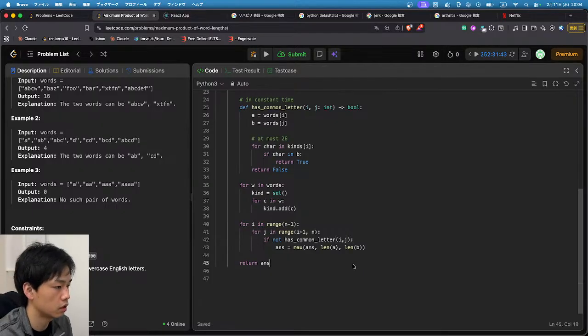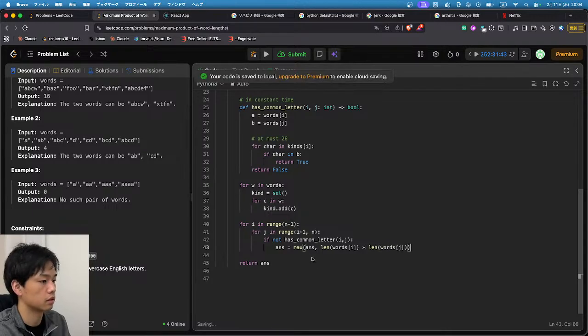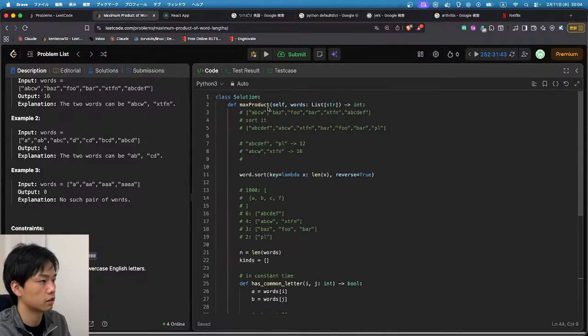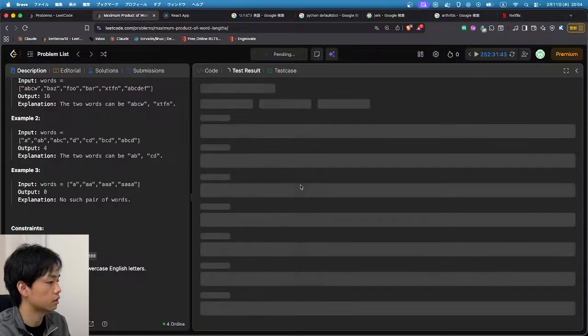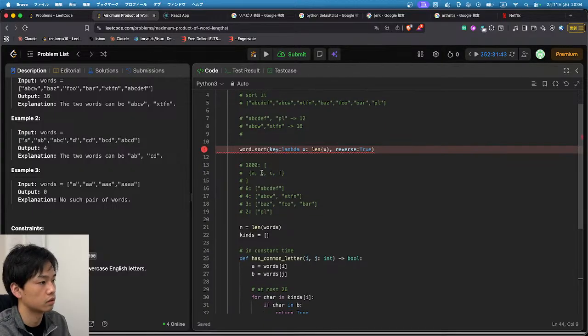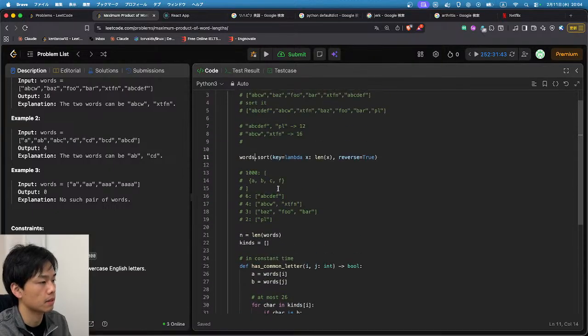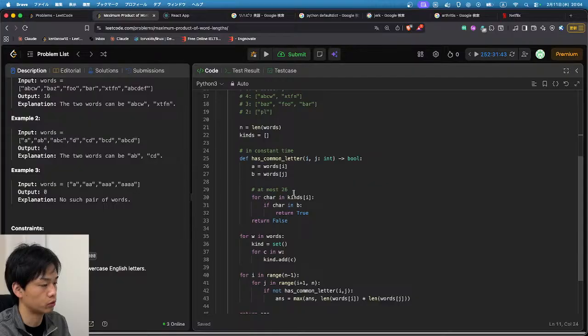A and J, the words. That's it. Let me see. Word is not defined. Maybe we don't need to sort.